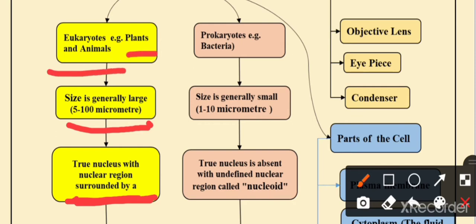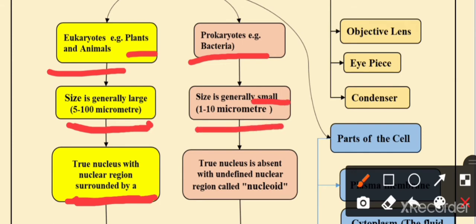So here are the three differences between prokaryotic and eukaryotic cells. First, the examples: eukaryotic examples are plant and animal cells, and the prokaryotic example is bacteria. Second, the size is generally large in eukaryotic cells, 5 to 100 micrometer, and the size of prokaryotic cells is always small, between 1 to 10 micrometer.